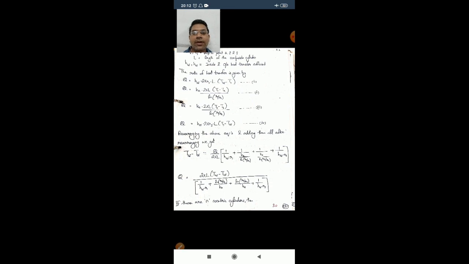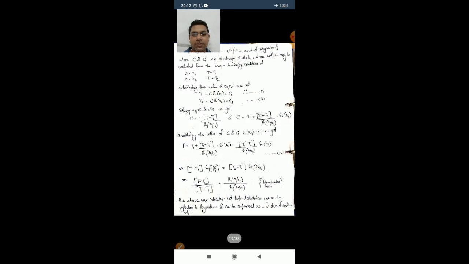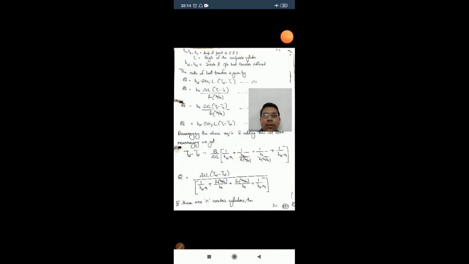Now if we take the composite cylinder, let T1, T2 and T3 be the temperatures at points 1, 2 and 3, and let L be the length of the composite cylinder, and h1 and h2 are the inside and outside heat transfer coefficients.